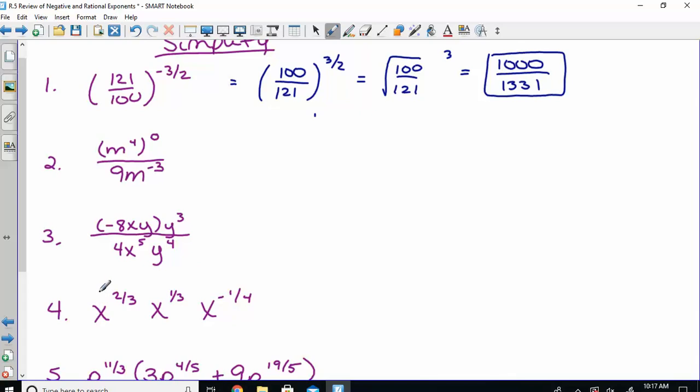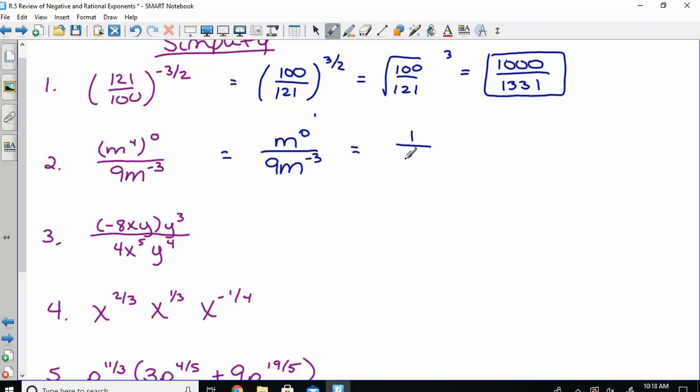Number 2. With those two exponents on top, what do we do with them? Power to power you multiply, so that's m to the 0 over 9m to the negative 3. Lots of ways you could think about it from here. One option, what is anything to the 0 power?